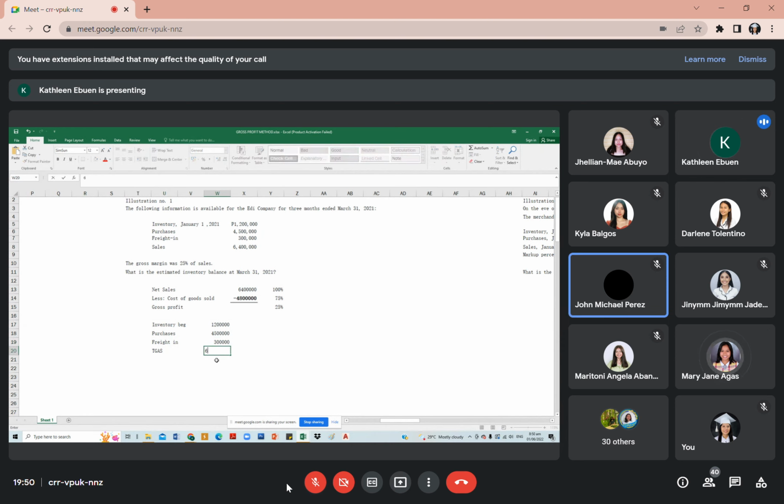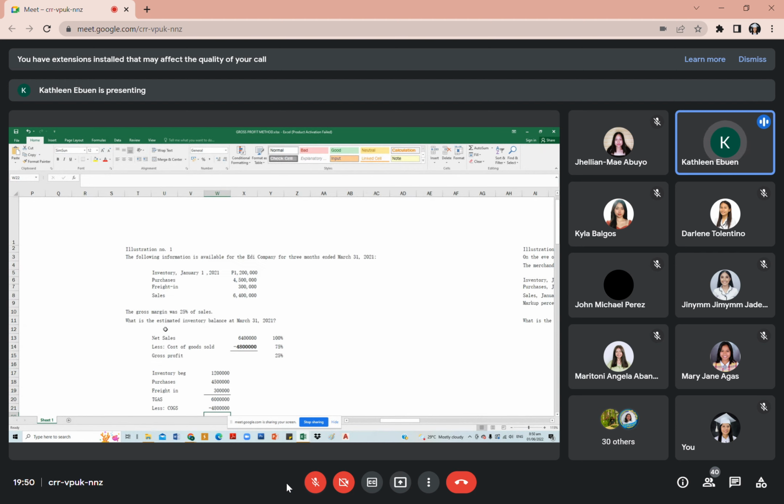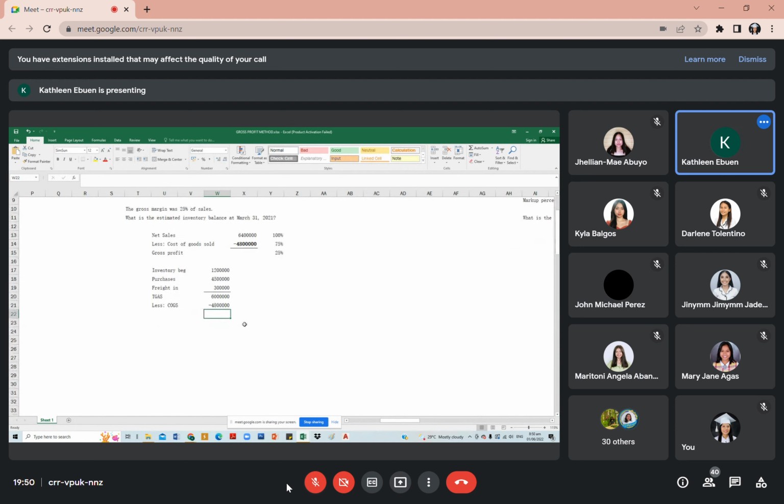Okay, 6 million. We subtract the cost of goods sold, COGS, 4.8 million. Therefore, our estimated ending inventory, how much? 1.2 million. So this is the answer, 1.2 million.